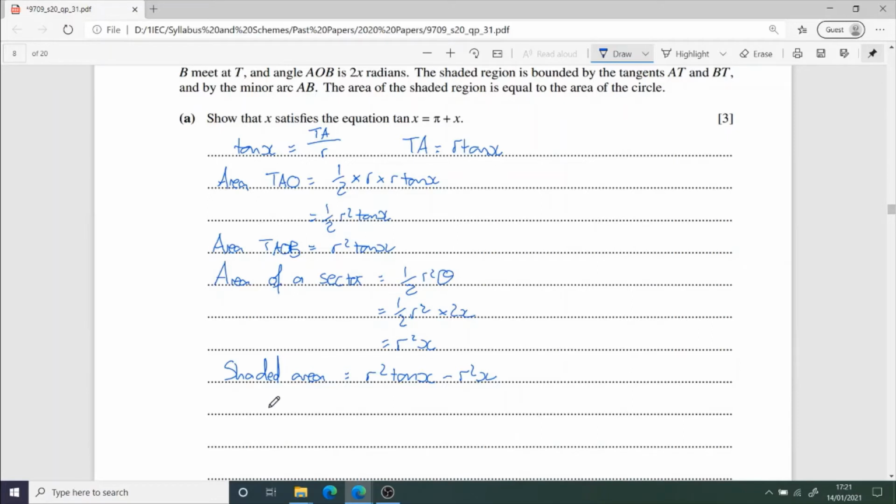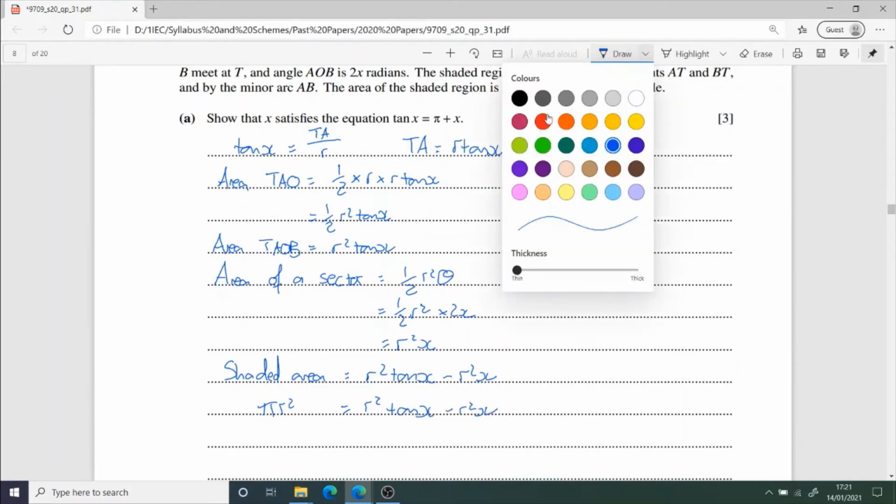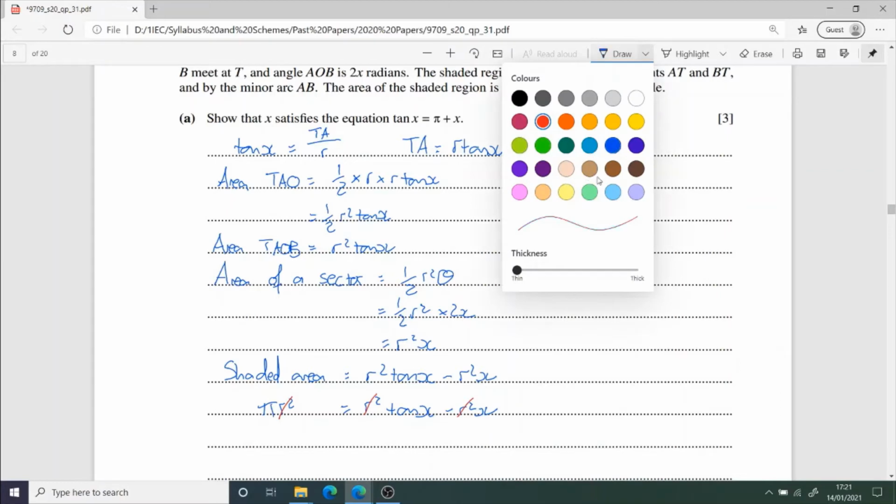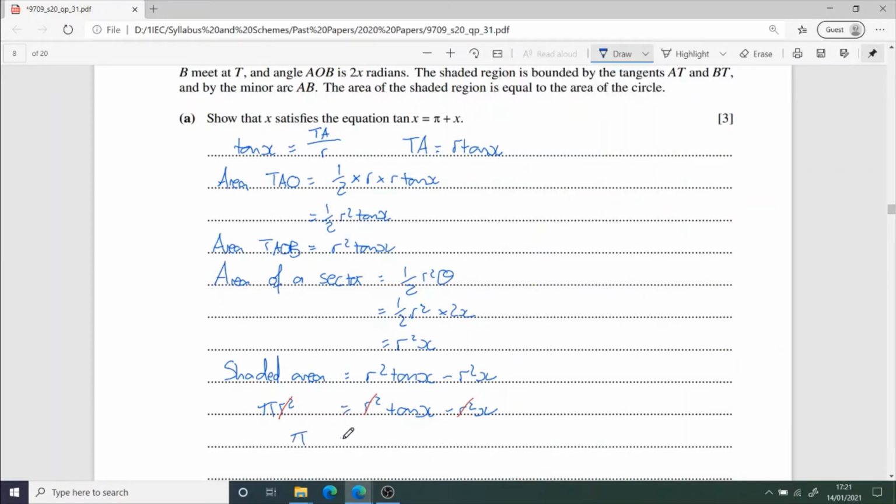The area of a circle is just pi r squared. So we have pi r squared is equal to r squared tan x minus r squared x. Let's now divide everything by r squared. And we end up with pi equals tan x minus x.